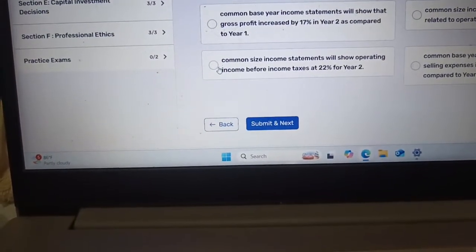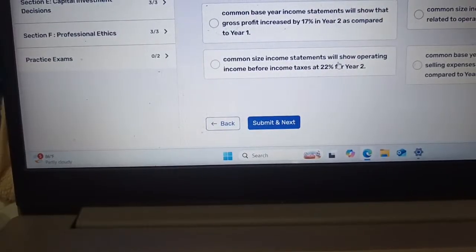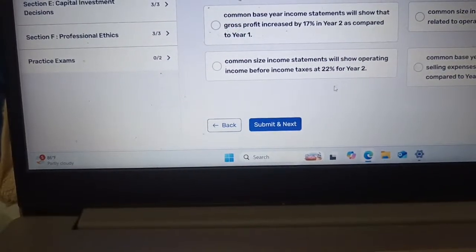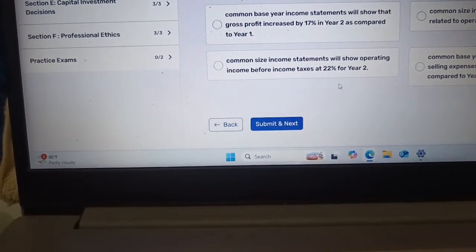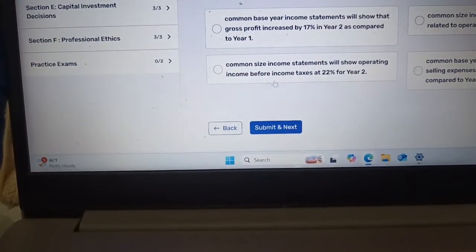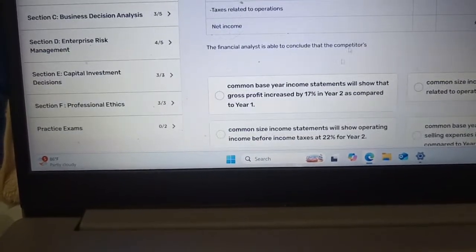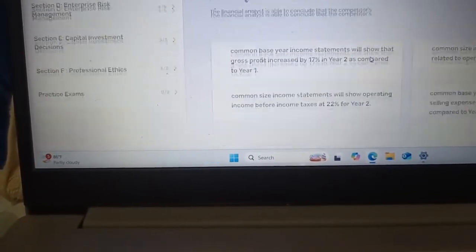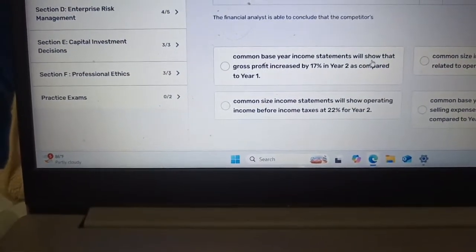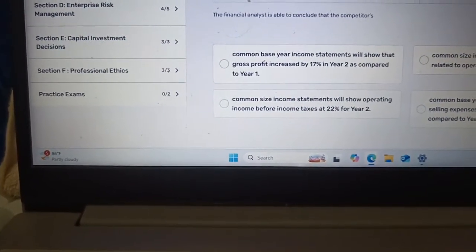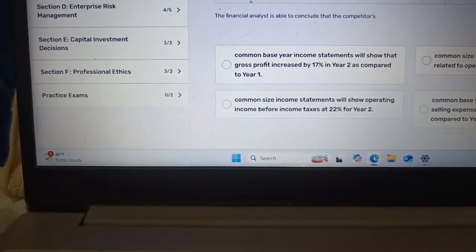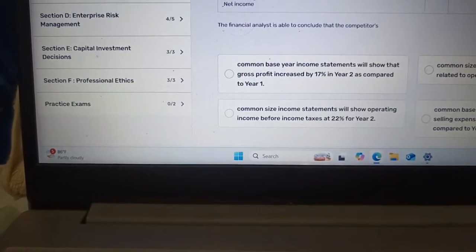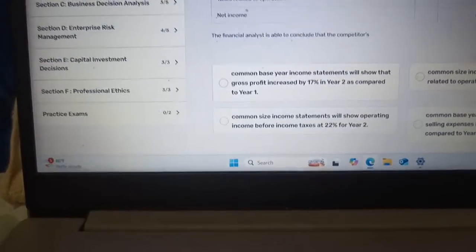Option C: the common size income statement will show operating income before income tax at 20% for year 2. We need to calculate operating income, 25,000 divided by 275, right?